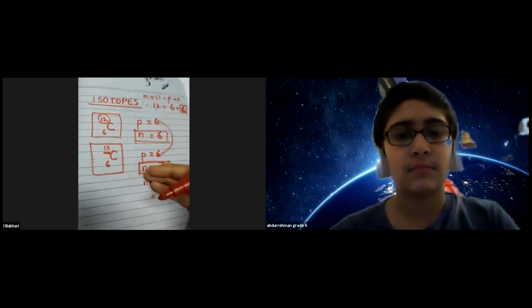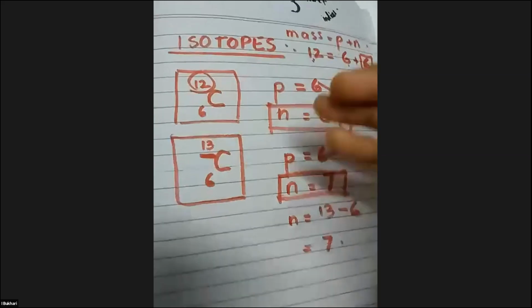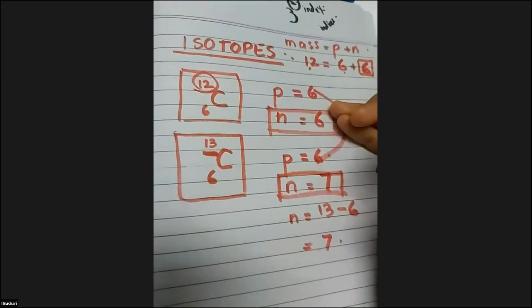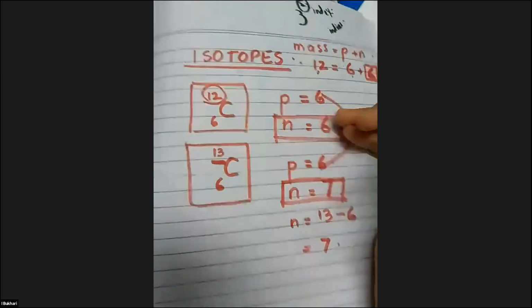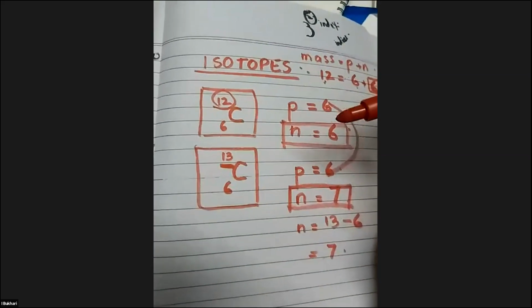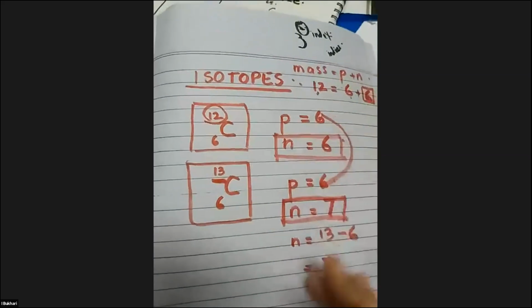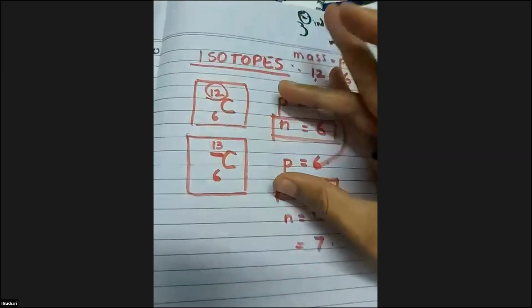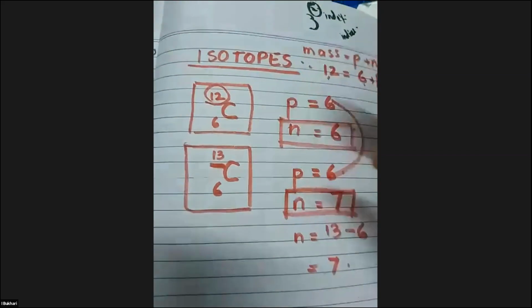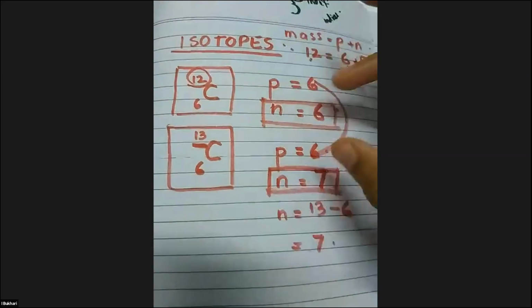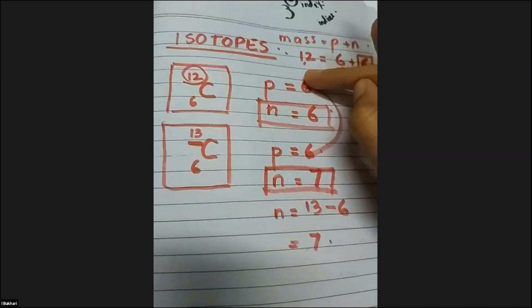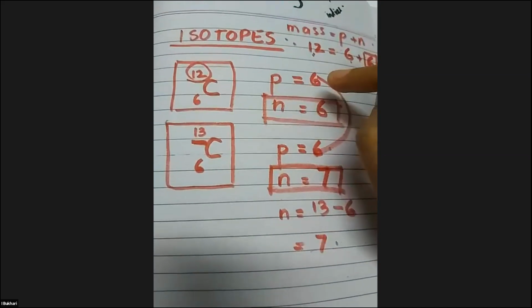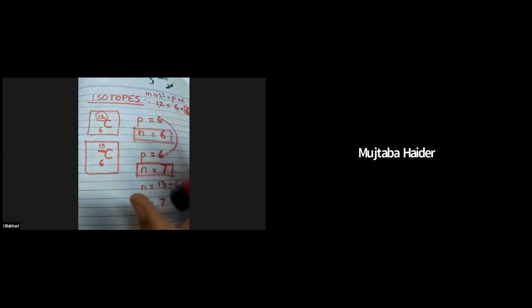Such atoms are called isotopes. Let's try to define isotopes together. Isotopes are atoms of the same element which have the same atomic number but different mass numbers due to different numbers of neutrons.